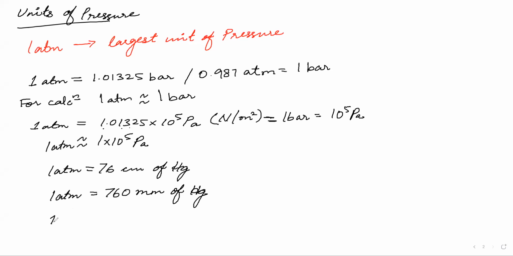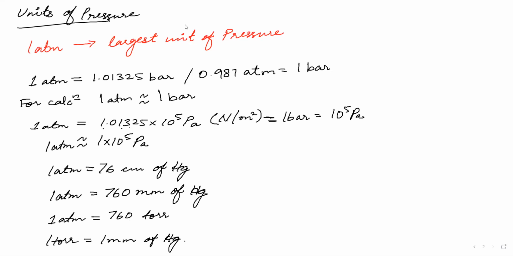There is a last unit, that is torr. 1 atm is equal to 760 torr. Hence we can say 1 torr is equal to 1 mm of Hg. Okay.